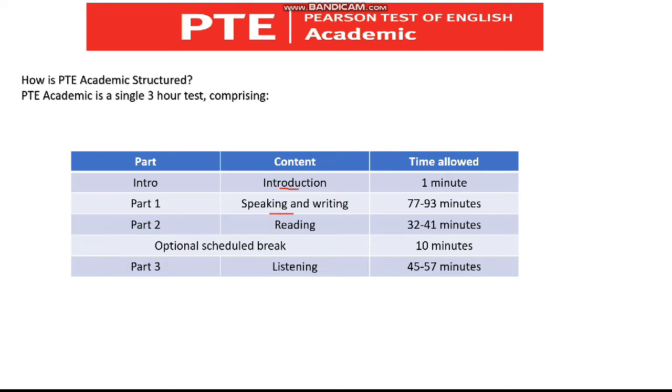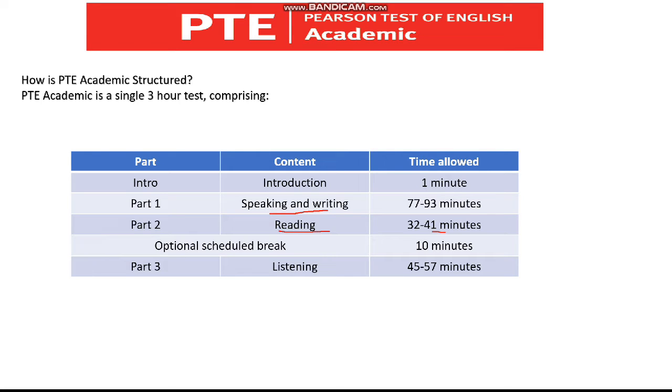The separate time of speaking is 30 to 35 minutes, but it is calculated as a whole, which is speaking plus writing, 77 to 93 minutes. After that you will get some instructions before starting your reading. You have to read the instructions, then select the next button and your reading will start, and the timing of reading will be 32 to 41 minutes.